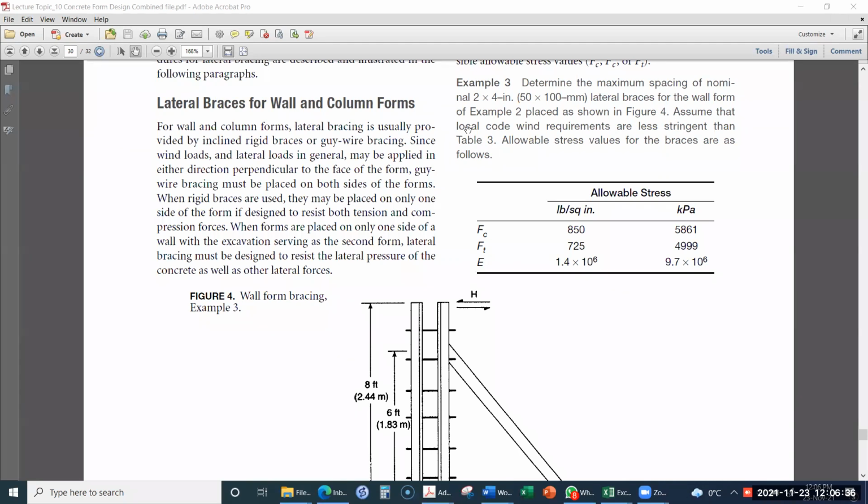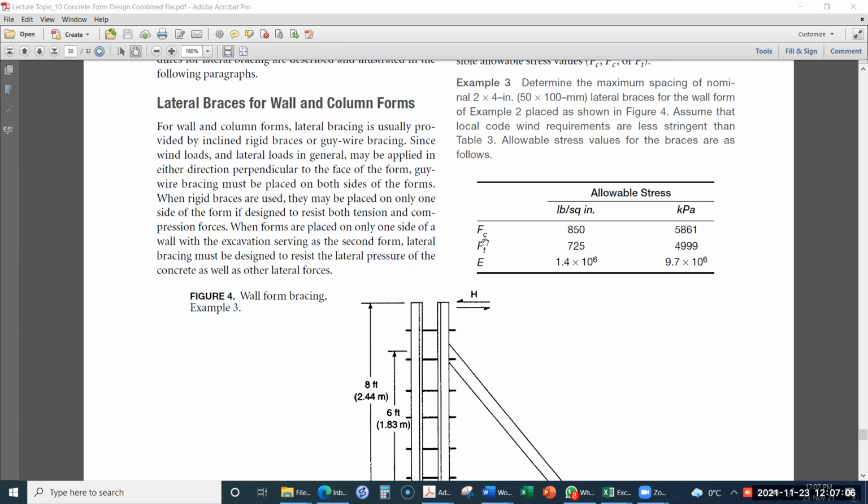Which provides us the allowable lateral loads, some of the values. We will use table 3 because table 3 is more stringent than the local code wind requirements. The allowable stress values for the braces are as follows.